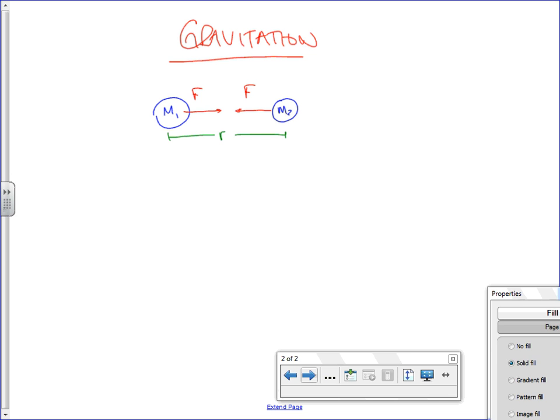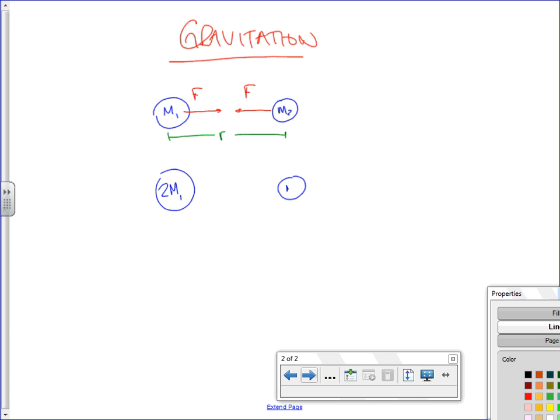How about this: 2m1 and m2 at the same separation. Well, this would now be a force of 2F, and this a force of 2F.